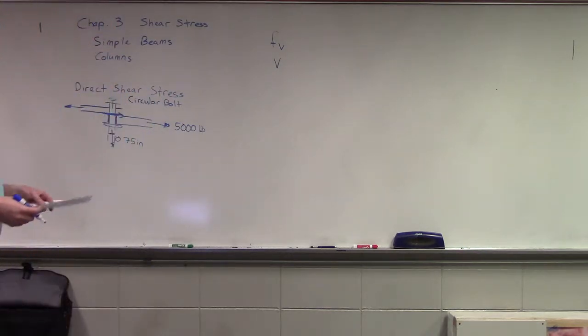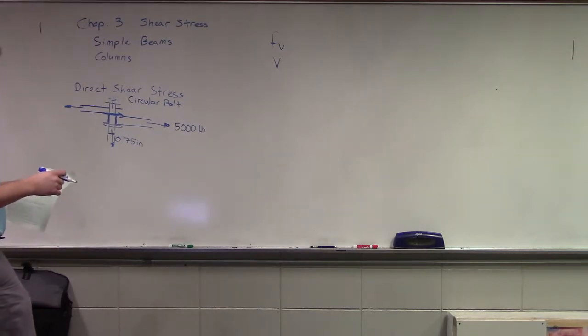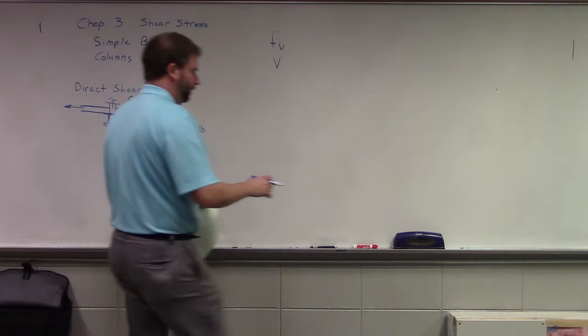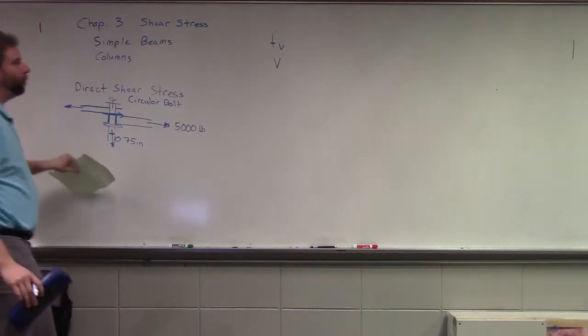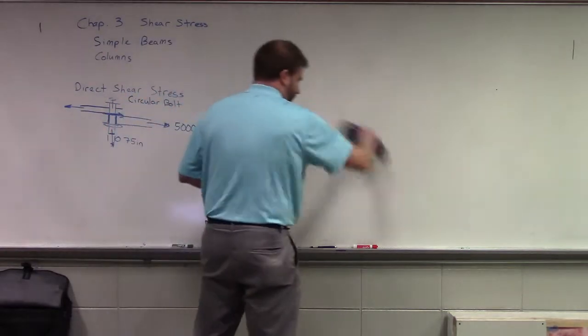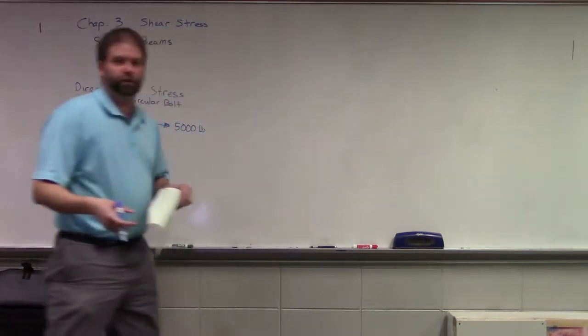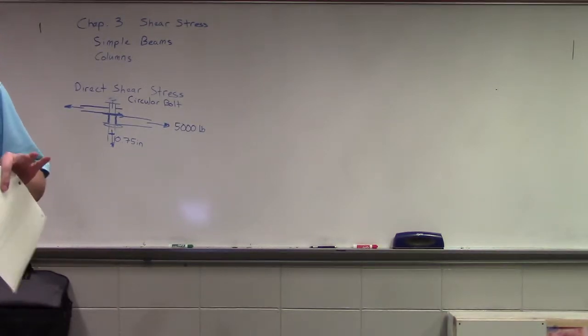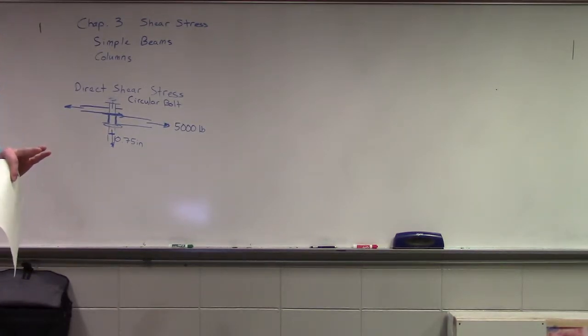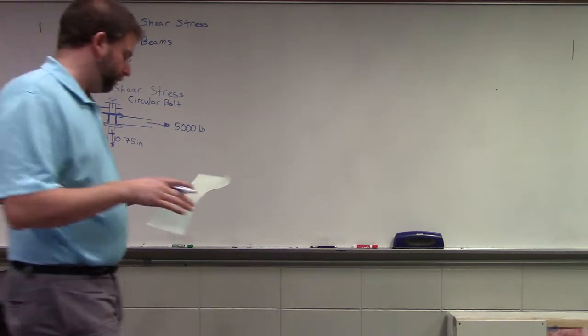We have a couple examples that we'll look at. These are the examples in your book, I think they're 3.2, examples 1 and 2. I'm going to call them examples 2 and 3 because this is truly our example 1. The easiest way to look at shear initially is to just look at a uniformly distributed load across the beam itself.